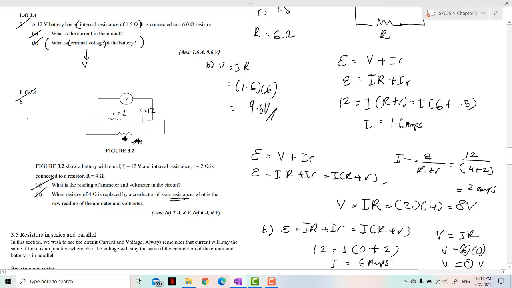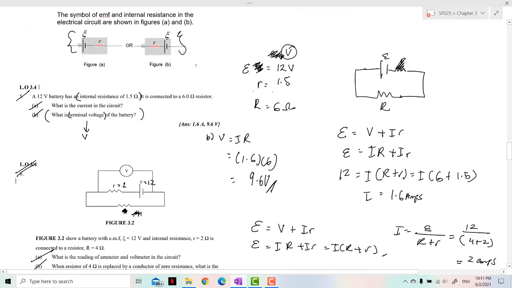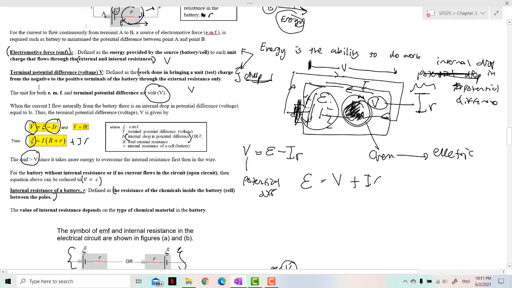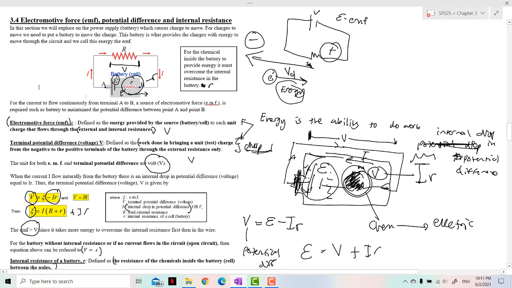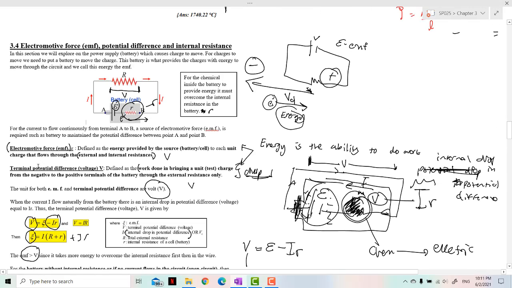Just to summarize, we've learned perbezaan tentang EMF and also tentang kita punya potential difference, ataupun terminal potential difference or terminal potential. When we talk about EMF, it's actually the energy which is provided for our charge to flow, particularly the electron, from negative to positive.